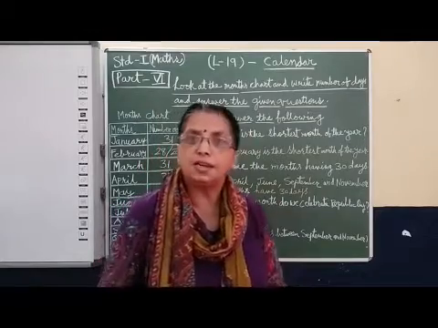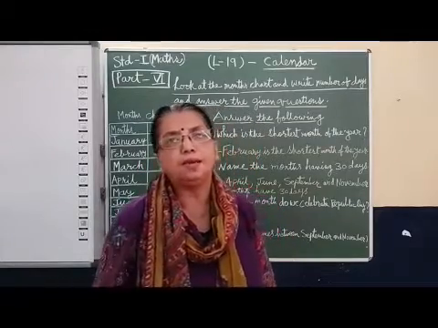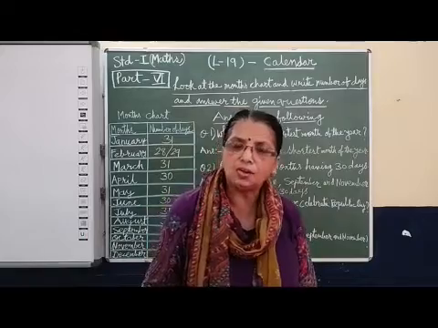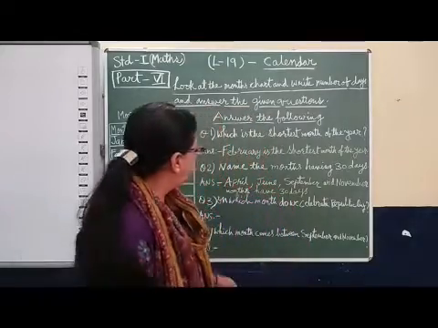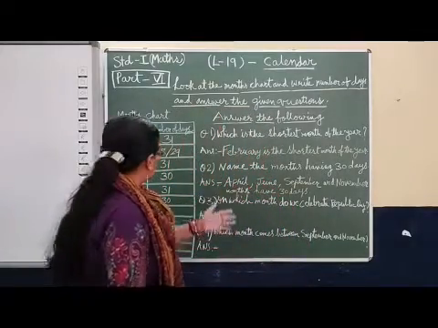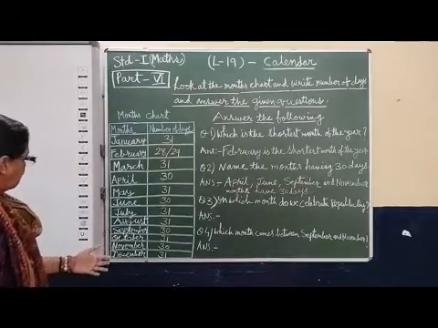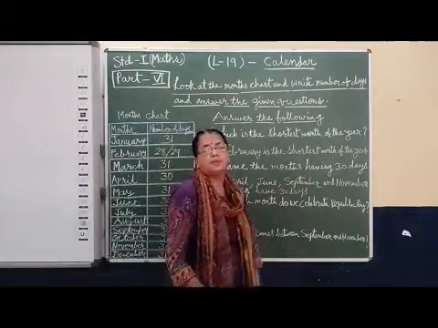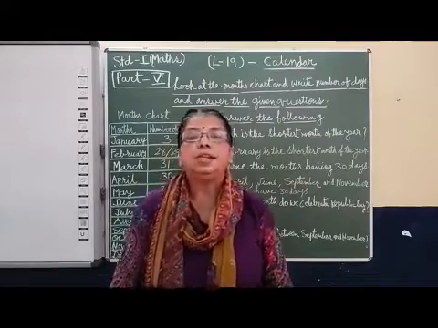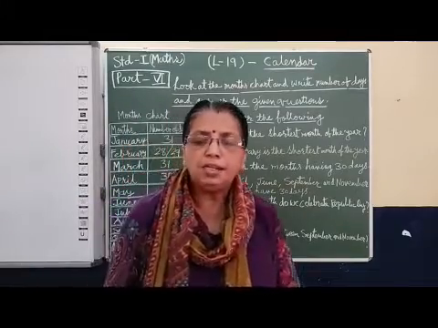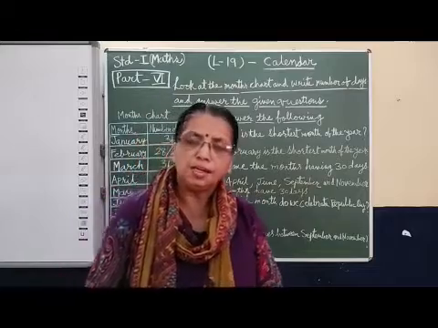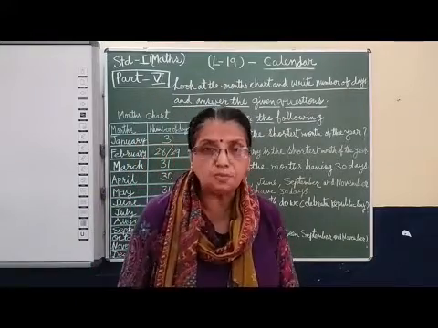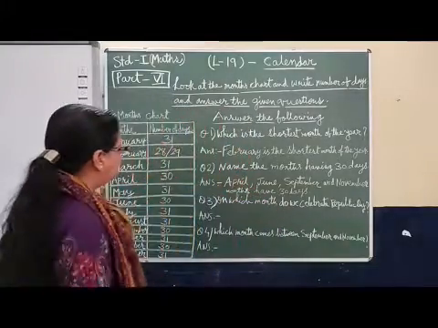Rest are having 31 except February that has 28 or 29. So once again, April, June, September and November having 30 days except February 28 or 29, rest are having 31 days. Okay, this way you can remember what tips I am showing you.